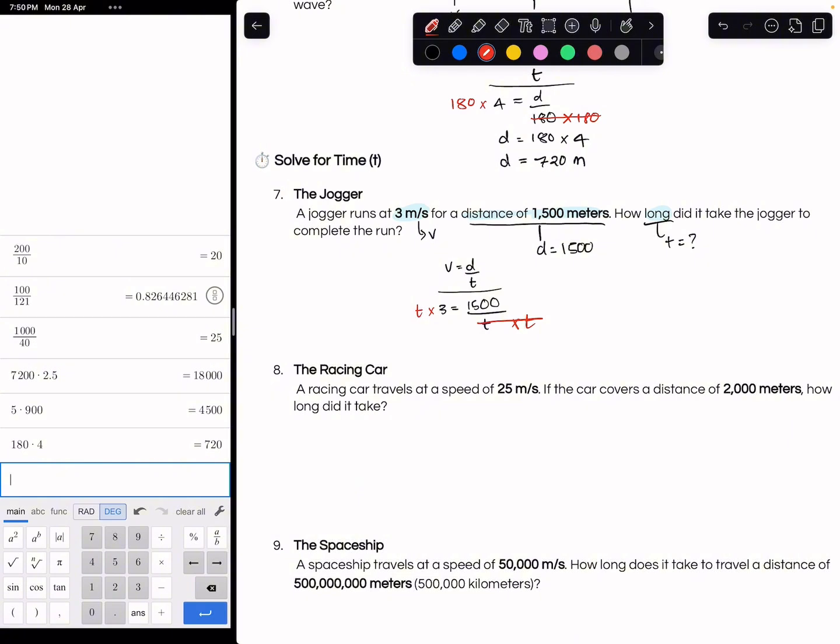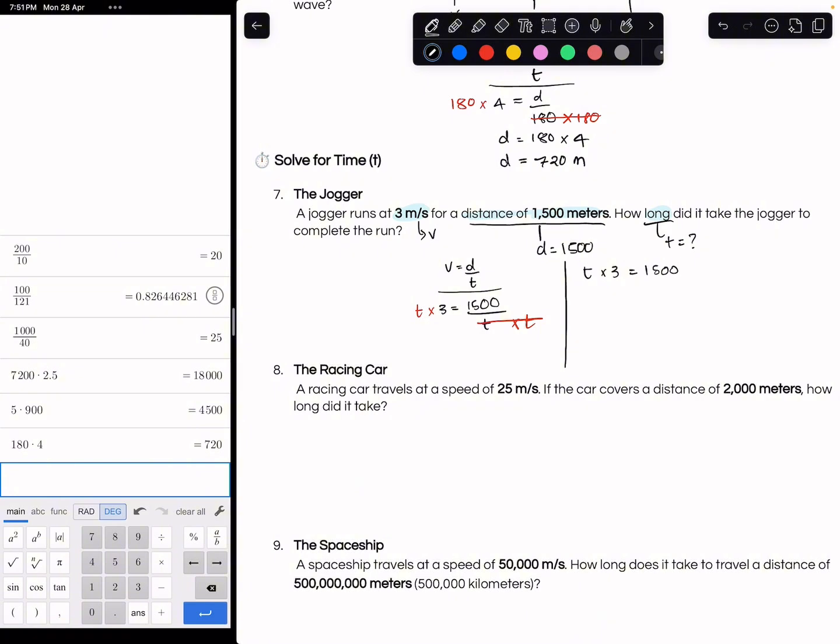So now what we're left with is t times 3 equals 1,500. I'm going to move my working along, okay? So let me rewrite that over here. t times 3 equals 1,500.